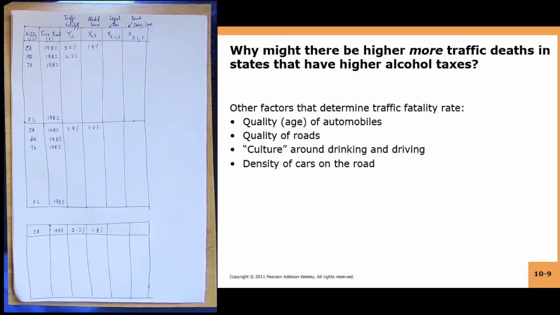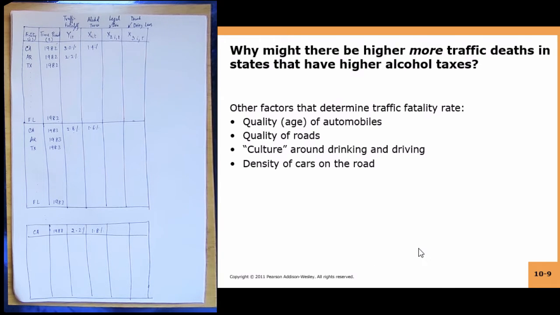I am not fully sure of this, but I'm just throwing it out as a possible idea. Another thing, of course, that will affect fatalities would be the density of cars on the road. As the density of cars increases, the probability of accidents increases, and the probability of fatal accidents also would increase. Okay, so all of these are extraneous factors that might affect the fatality rates.